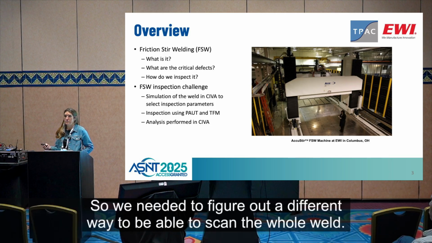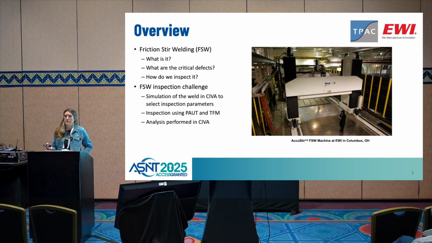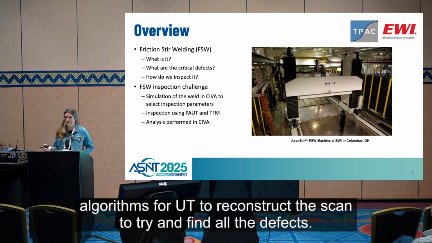So we needed to figure out a different way to be able to scan the whole weld. We use CIVA to help us do simulation, look at the different algorithms for UT to reconstruct the scan, to try and find all the defects.